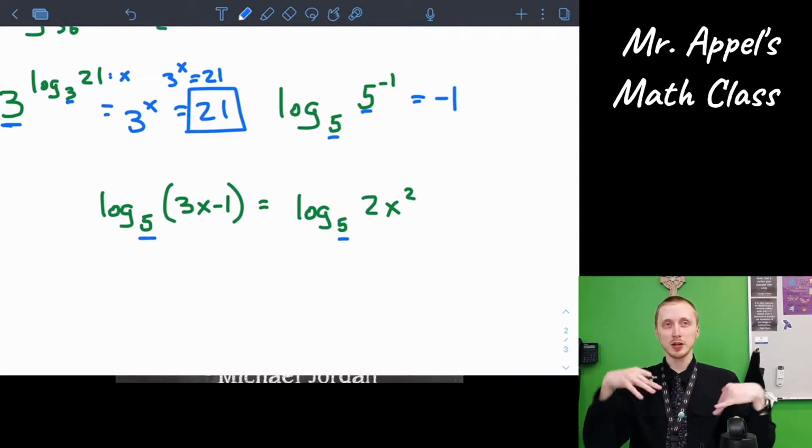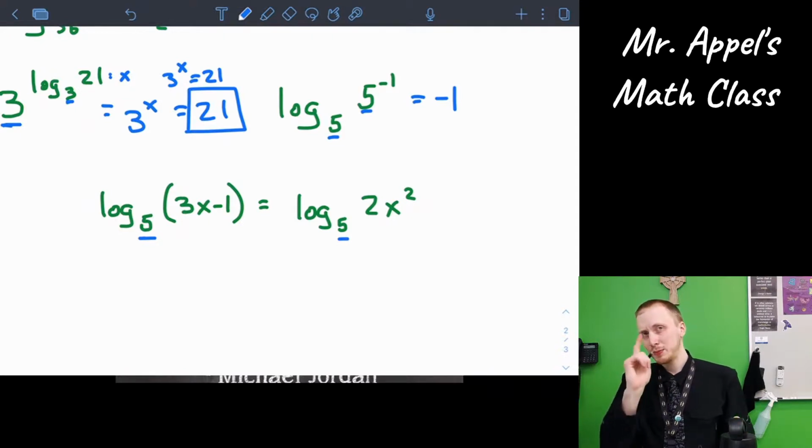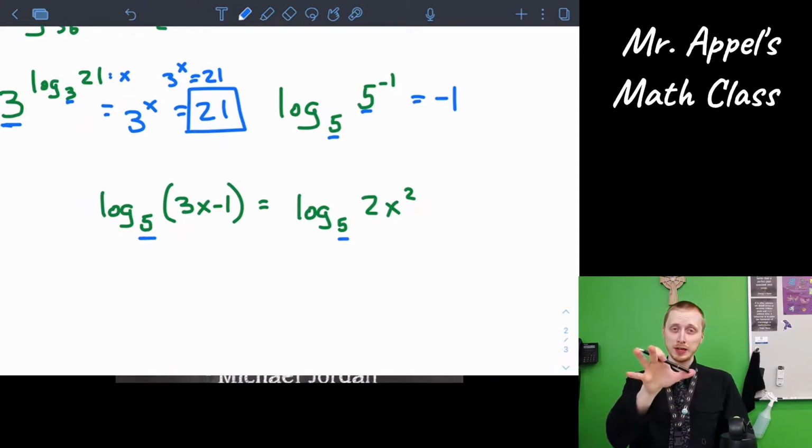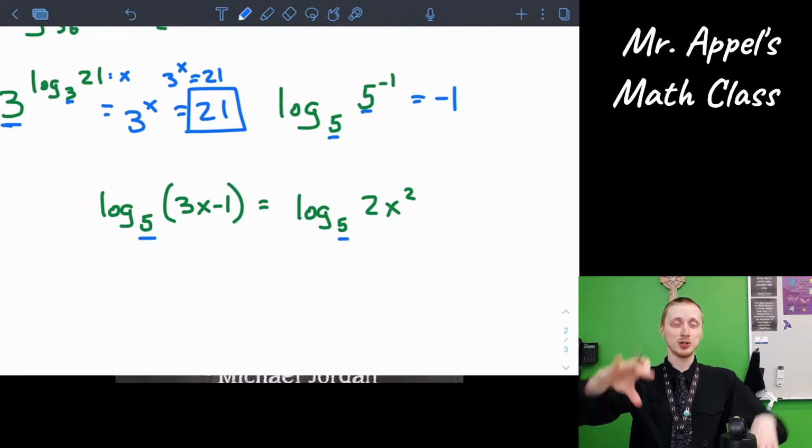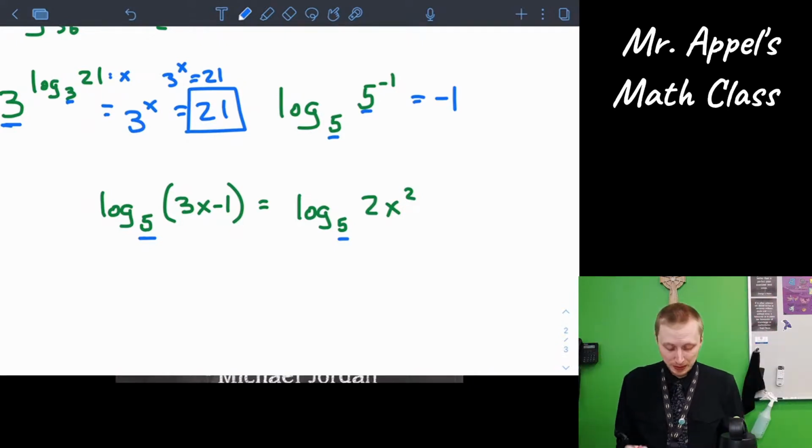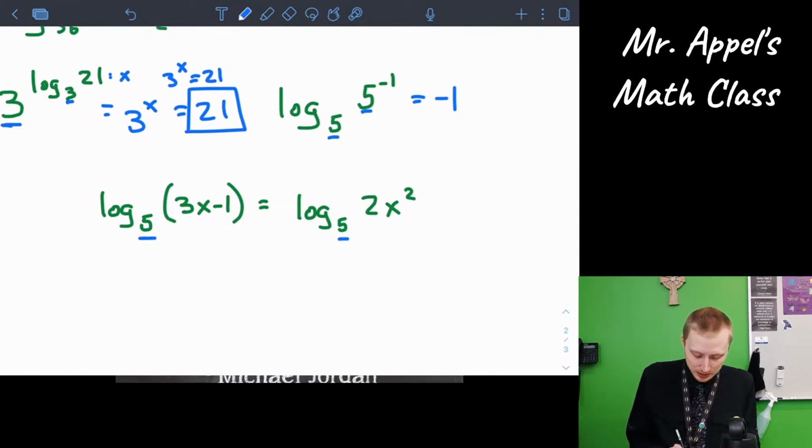Because if the logs are the same, technically the operation I will perform is, back to good old algebra 1, just do the same thing to both sides. I can exponentiate both sides. I can say, hey, take some number, in this case our base, 5, to the power of all of this.